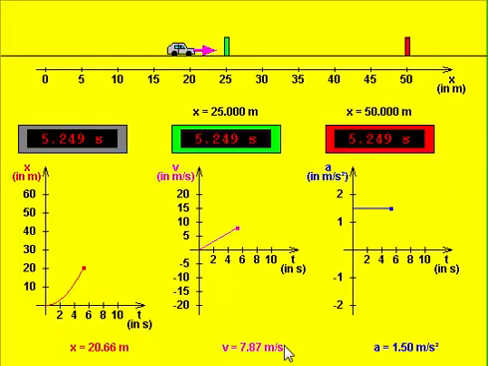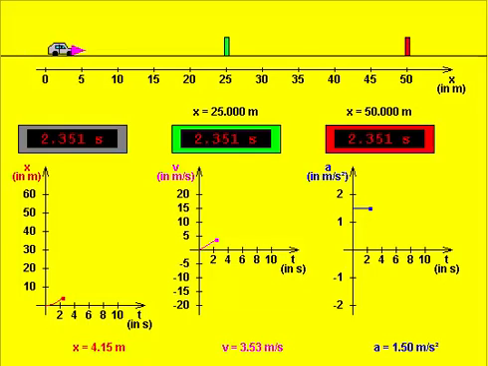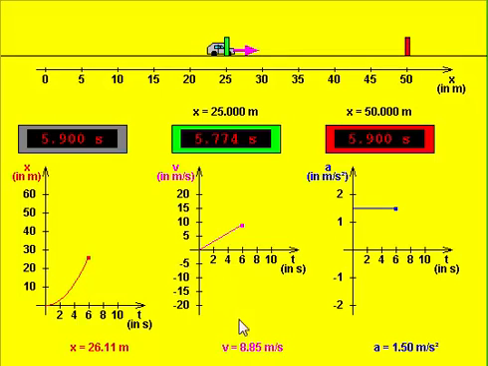Measure the velocity and the time. I'm going to reset it. Let's go for the fourth trial. All right, measure the velocity and time and record them.